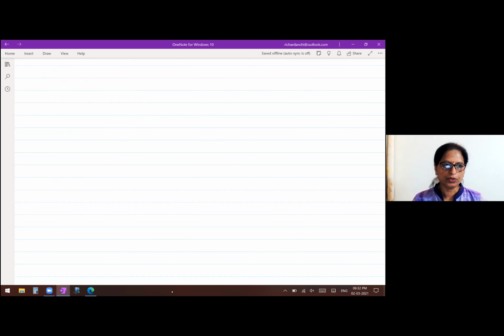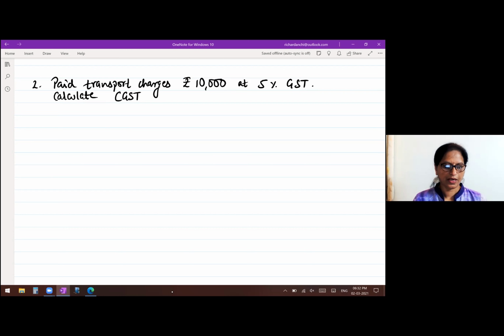Paid transport charges, rupees 10,000 at 5% GST. Calculate CGST and SGST.